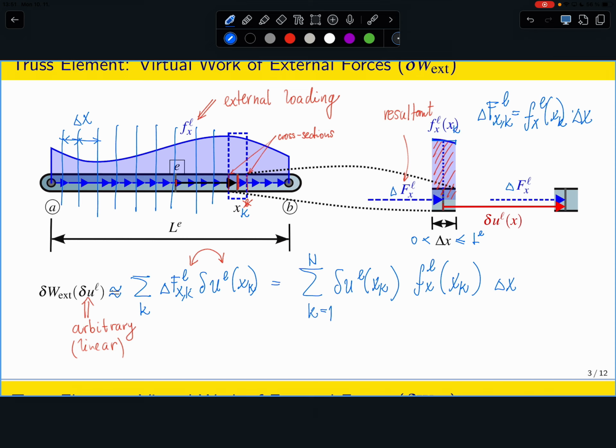So what I will do next, as you may imagine, is that I will imagine that this n goes to infinity, hence this delta x becomes arbitrarily small.